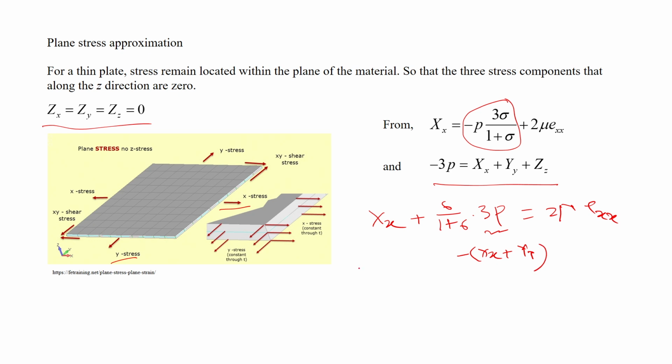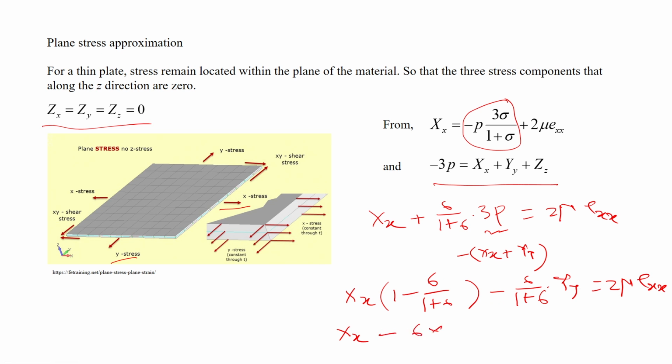So, we can see that this will be xx into 1 minus sigma by 1 plus sigma, and minus sigma by 1 plus sigma into yy, that is equal to 2 mu e xx. And from here we can show that this is equal to xx 1 plus sigma, so xx minus sigma into yy, that is equal to 2 mu into 1 plus sigma into e xx, and 2 mu into 1 plus sigma is equal to E. So, this can be written as e xx like that.